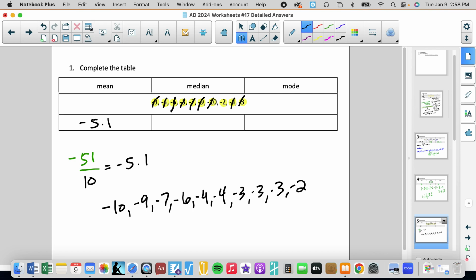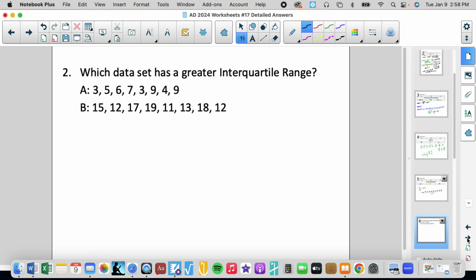I had 10, 1, 2, 3, 4, 5, 6, 7, 8, 9, 10. Remember, the middle is going to be the 5th and 6th. 1, 2, 3, 4, 5, and 6. That's easy. My median is -4. And my mode, we didn't do that. My mode is going to be -3 because it happened 3 times. Good. All right. That's nice.